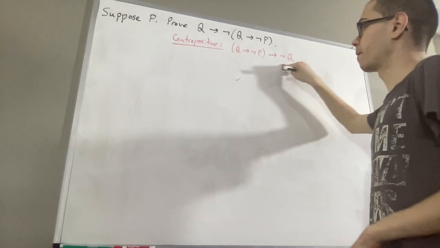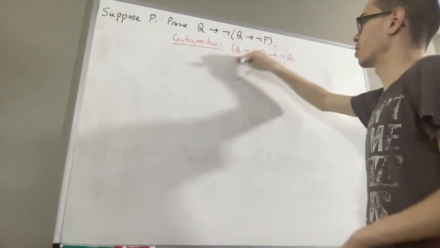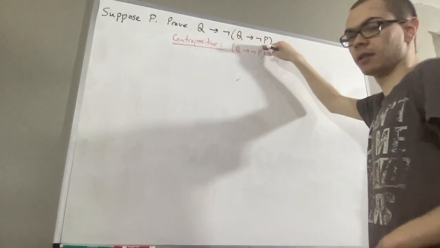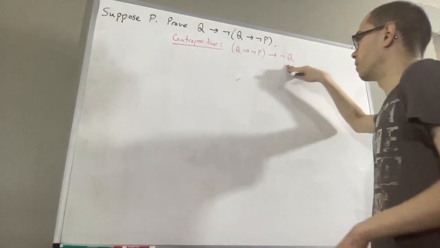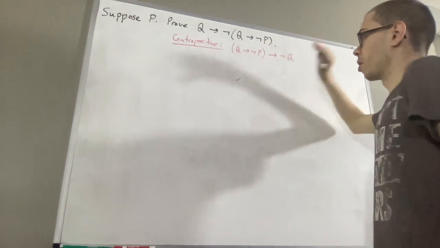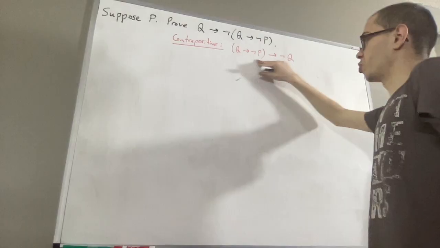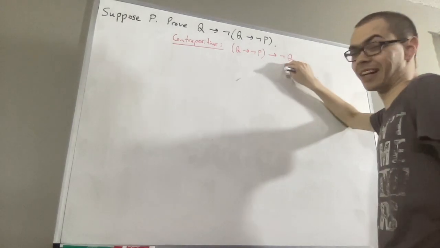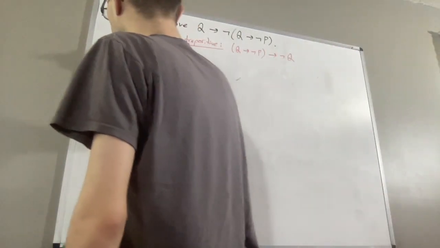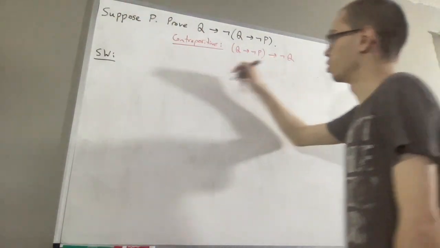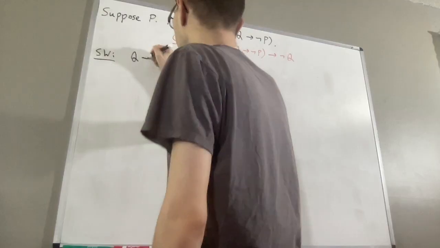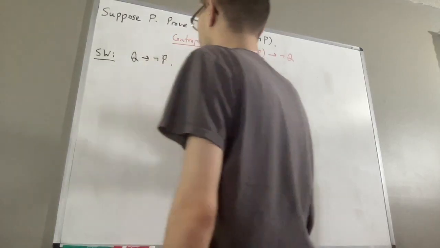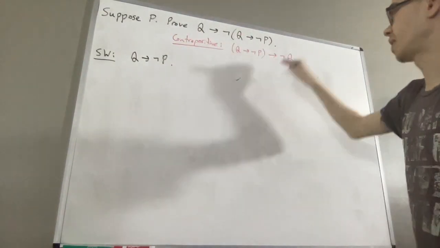If we prove this statement, well, these two statements are equivalent, so that proves this statement. So let's prove this statement. And to do so, our standard technique is we assume that this statement is true, and we'll try to logically deduce that not Q is true. So we will assume if Q is true, then not P is true. We'll try to logically deduce that not Q is true.